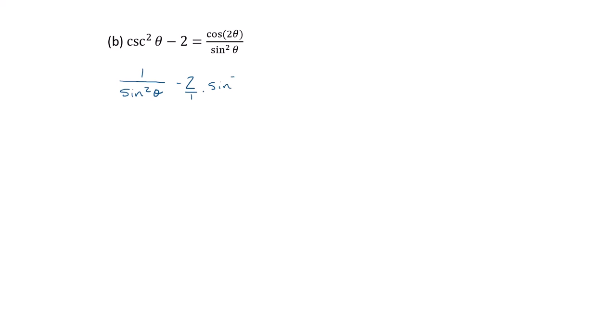I'm going to multiply this by sine squared theta over sine squared theta. That gives me a 1 minus 2 sine squared theta over sine squared theta. Now I know that 1 minus 2 sine squared theta is cosine of 2 theta, and that is over the sine squared theta.